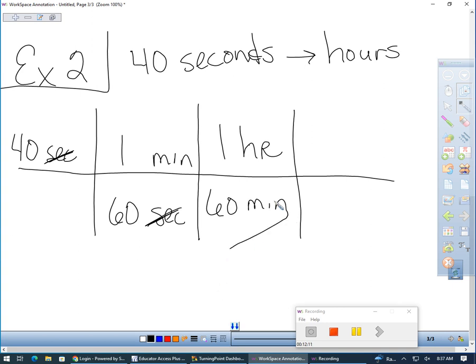So you can see that our minutes are going to cancel, top and bottom. That label cancels. So now our label is hours, so I'm going to draw my second line. I'm going to multiply across the top. So 40 times 1 is 40 hours. On the bottom, I have 60 times 60, or 3,600.